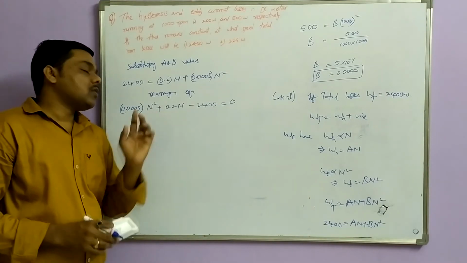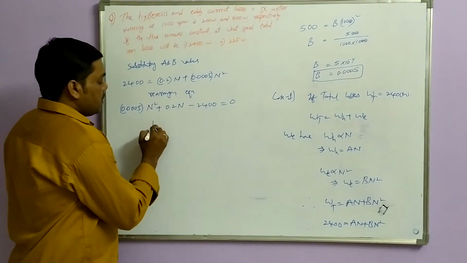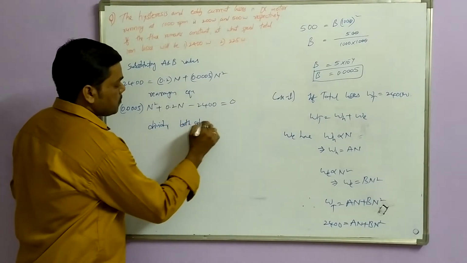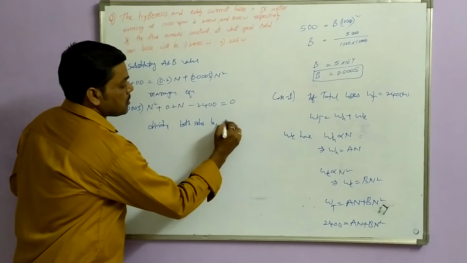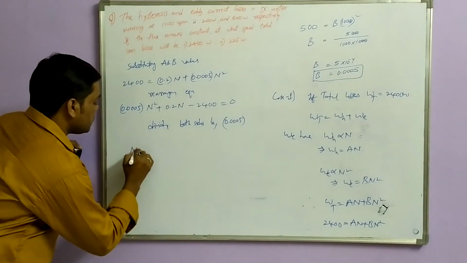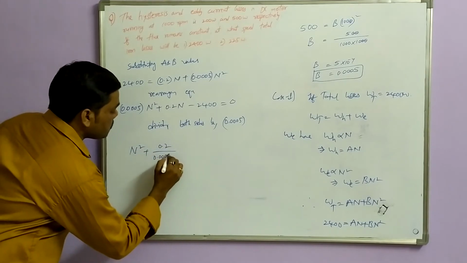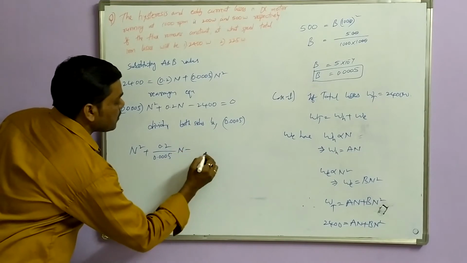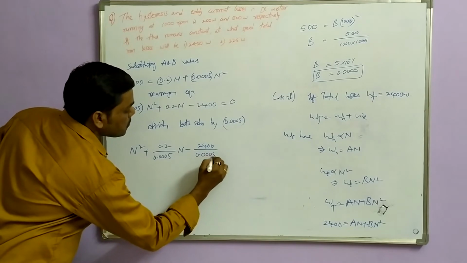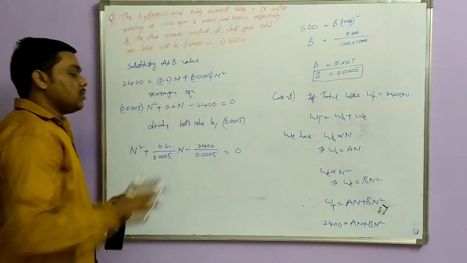Now we have to find the N value for this. So dividing both sides by 0.005, we get N square plus 0.2 by 0.005 into N minus 2400 divided by 0.005 equal to 0. And 0 by 0.005 will be 0.